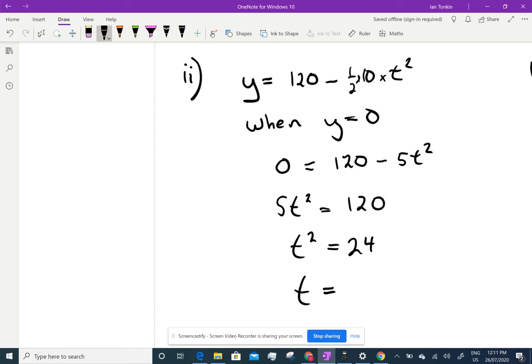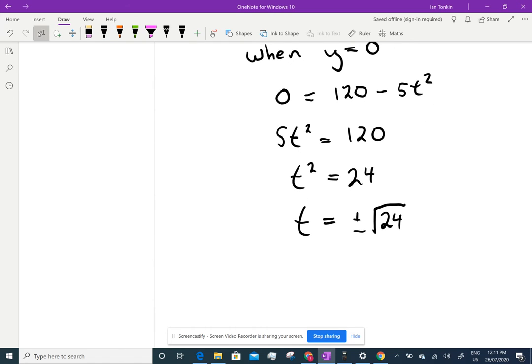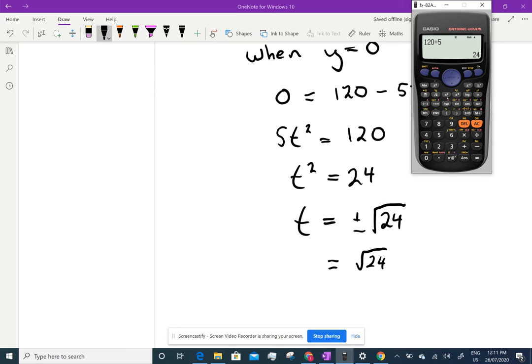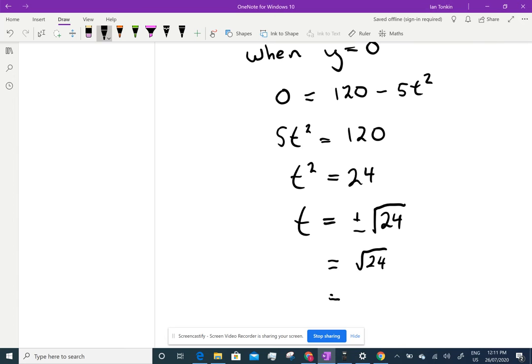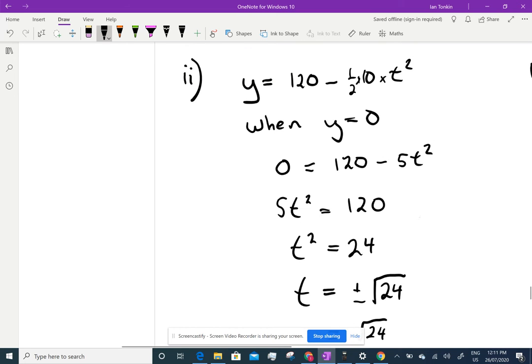And t equals the square root of 24. Now we know we get two answers, plus or minus, but we know that time can only be positive, so it's just going to be root 24. And we can get that just by square rooting our answer: 4.898979. So we go 4.9 seconds. I'd probably leave it as root 24. So 4.9 seconds. That's how long it's going to take for this particle to hit the ground.